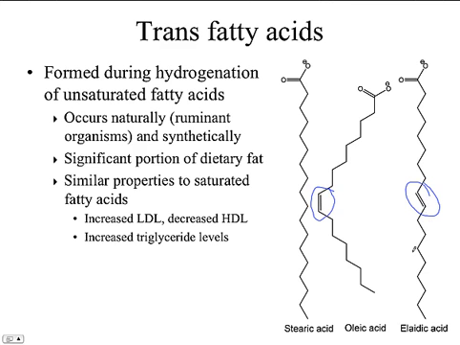Now, there's been a big push to try to label the amount of trans fatty acids that are found in products, and of course, people who tend to make foods that have a lot of trans fatty acids have pushed back against such regulations and have gotten around them by doing a couple of very tricky things.